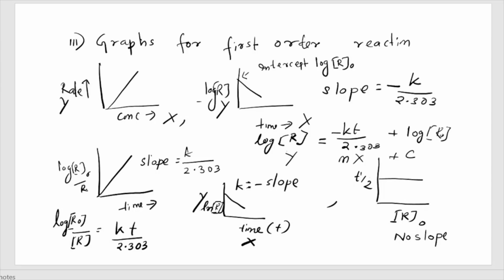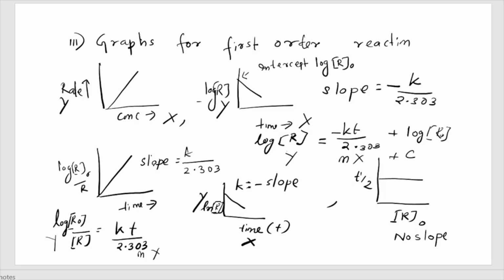And now if you go to log r0 by r, then what is the formula? See, log r0 by r is y, and t is the x. Here mx. What is m? k divided by 2.303.